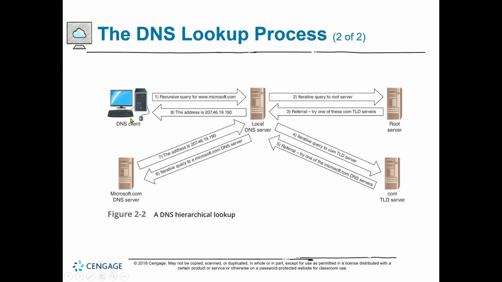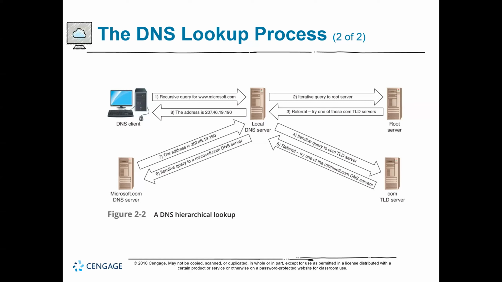And here is your example of what the steps are for this. So step one, you have your recursive query for this, they're using Microsoft.com. Iterative query to root server, step 2. 3, try one of the TLD servers.